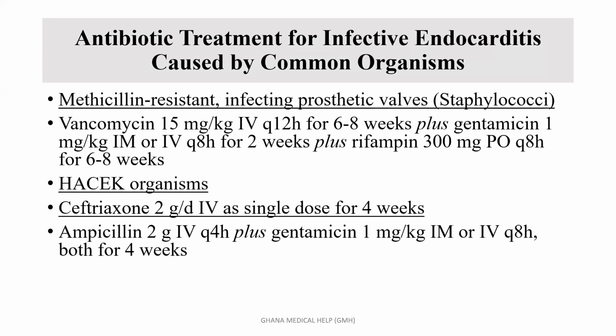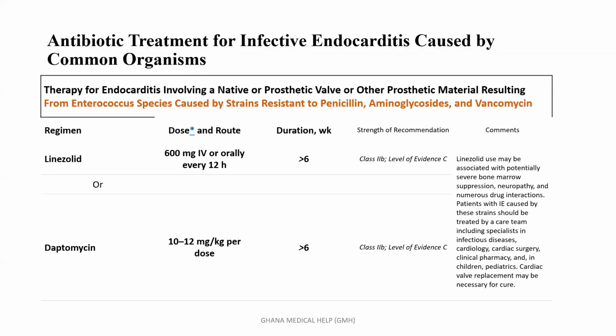And then for HACEK organisms, we give ceftriaxone 2 grams daily IV as a single dose for 4 weeks, or ampicillin 2 gram IV 4 hourly plus gentamicin 1 milligram per kg IM or IV 8 hourly, both for 4 weeks.